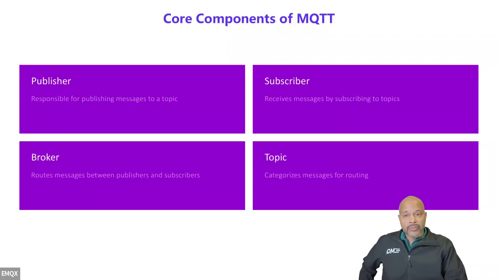The publisher is responsible for publishing messages to a topic or different topics; a subscriber receives those messages by subscribing to those topics; a broker sits in the middle between clients and is able to route messages by topic; and the rules engine, which I'll talk about shortly.